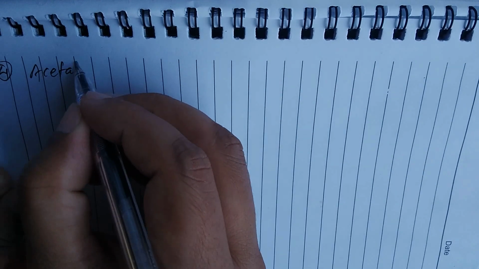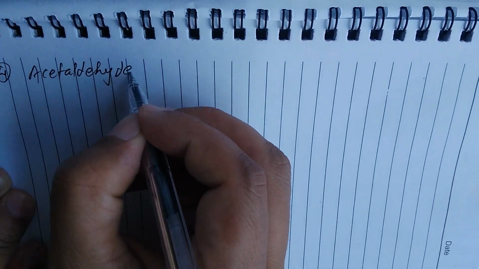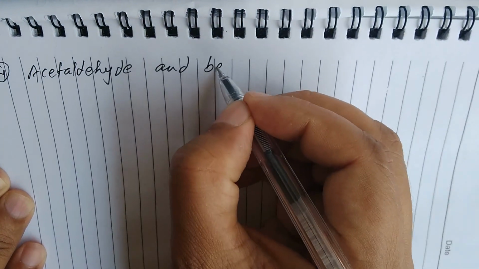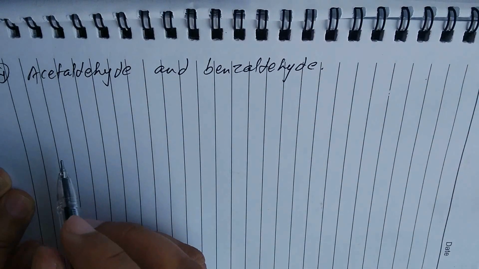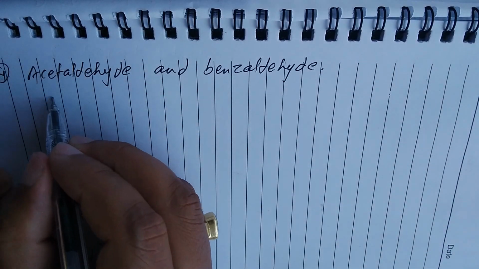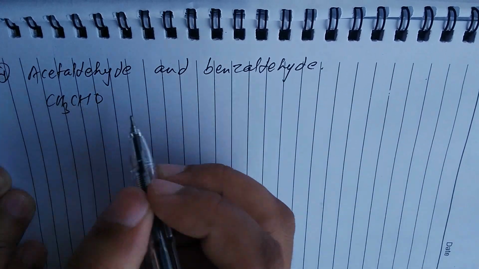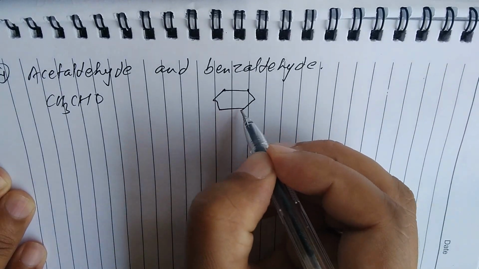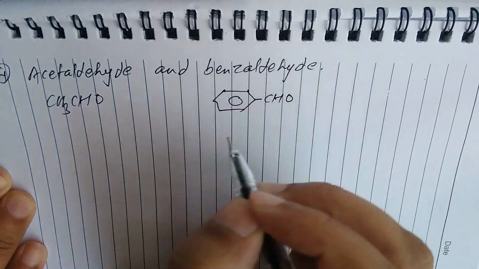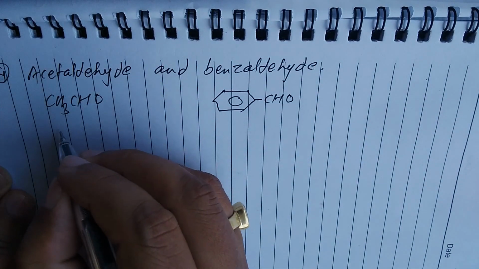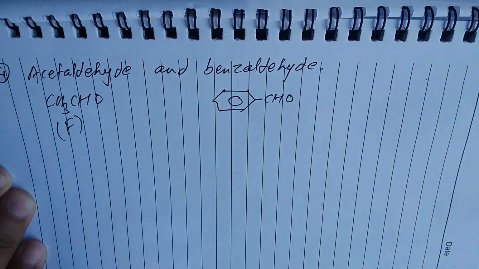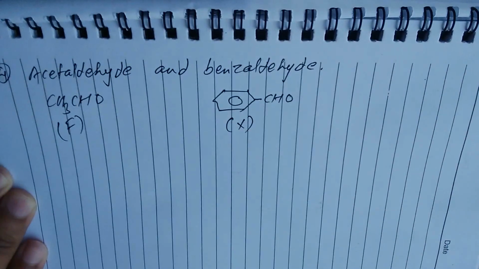Another, number 4, acetaldehyde and benzaldehyde. Let us write the molecular formula too. Acetaldehyde is CH3CHO and benzaldehyde is benzene with CHO. Both give Tollen's test, but Fehling solution is given by aliphatic aldehyde, and benzaldehyde does not give Fehling test.